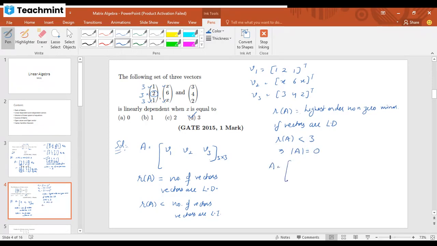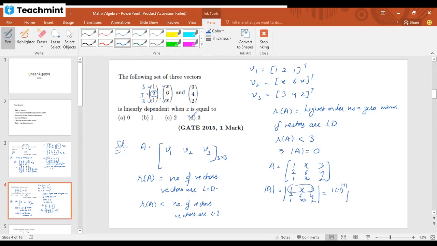So what is the matrix here? It is [1, 2, 1; x, 6, x; 3, 4, 2]. So we find the determinant of the matrix. If we expand it through, say, the first row: the first element is 1 into minus 1 raised to the power 1 plus 1.